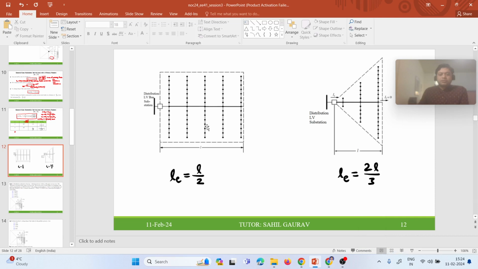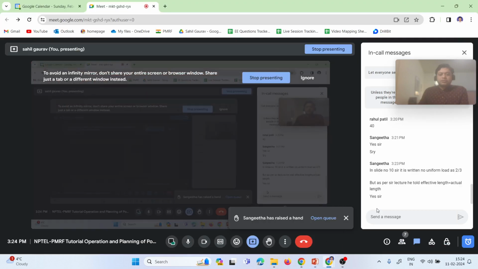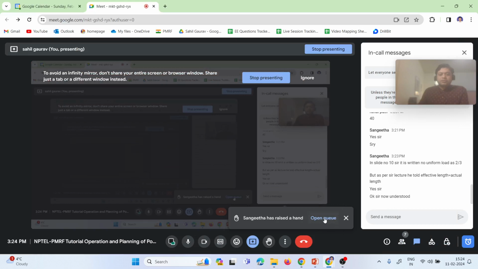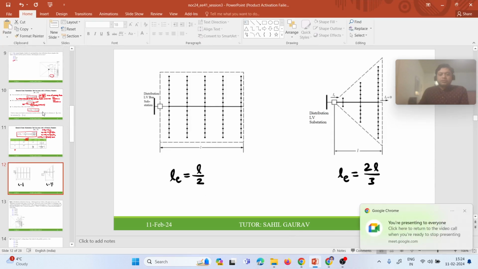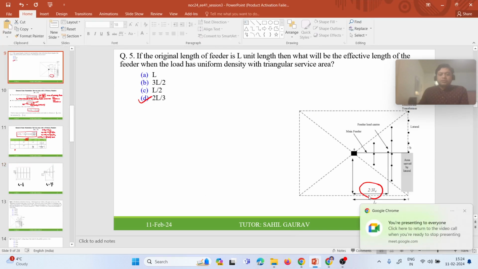You have to assume half the length of the feeder. It is simple. It is not that complicated. Did you get it? Yeah, good. So here I think it is also mentioned 2 by third of the length of feeder. We are concentrating on it as the effective length of feeder.